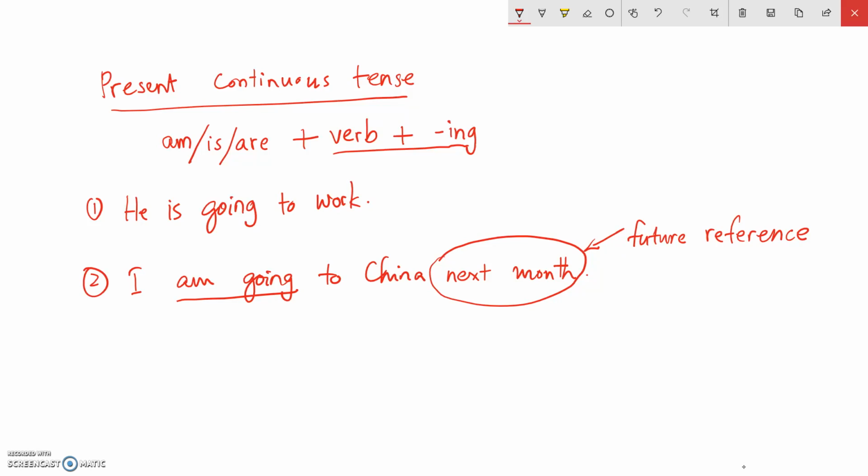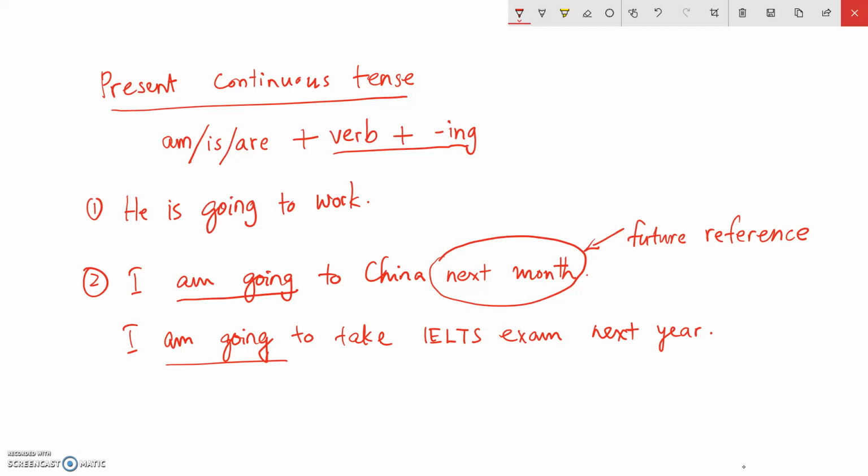Another example would be this. I'm going to take IELTS exam next year. I'm talking about next year, but I'm using present continuous tense.